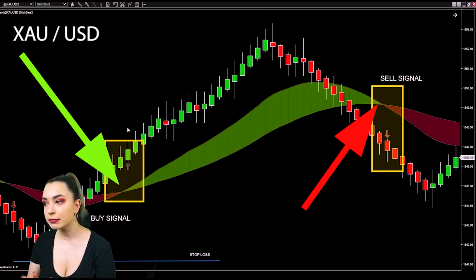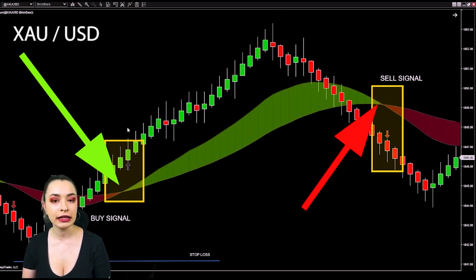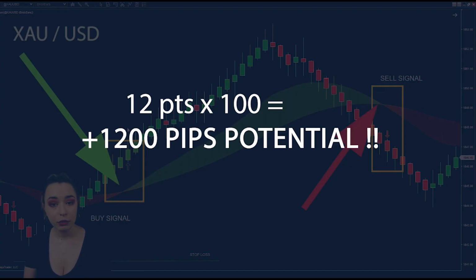If you do the math behind that, you are left with an incredible 12 points potential. Of course, this potential is only in points. To calculate your pips you need to multiply it by 100, so 12 points times 100, a really good potential of 1,200 pips in one trade.